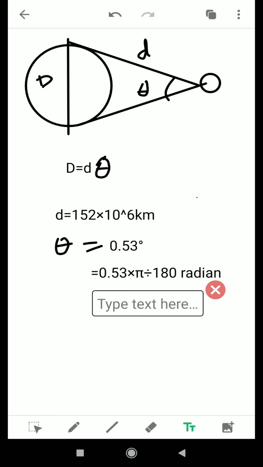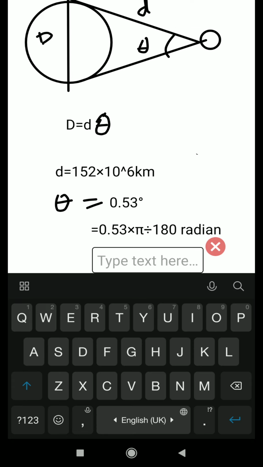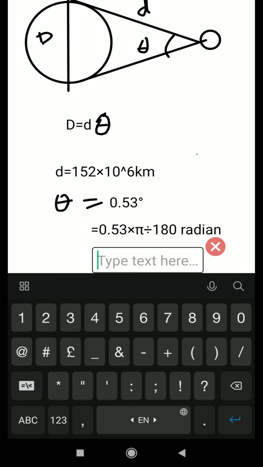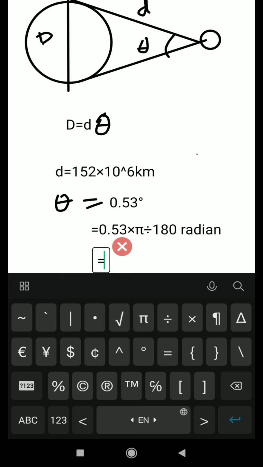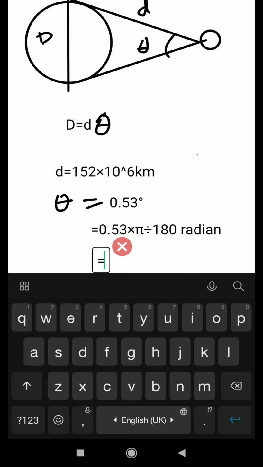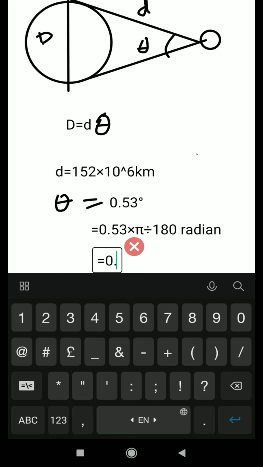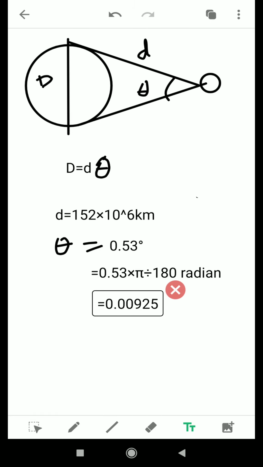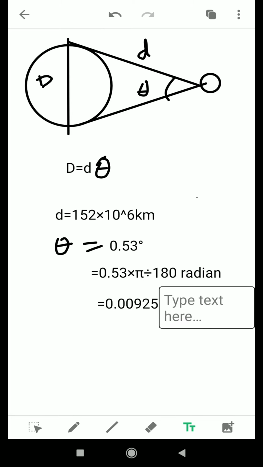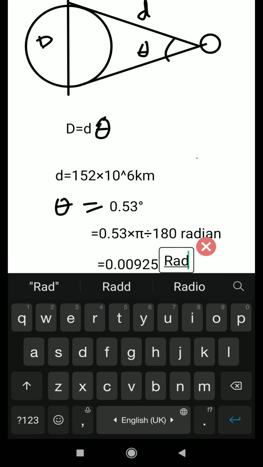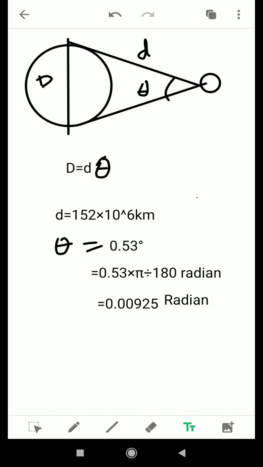This value is approximately 0.00925, in radian, of course. Clear?